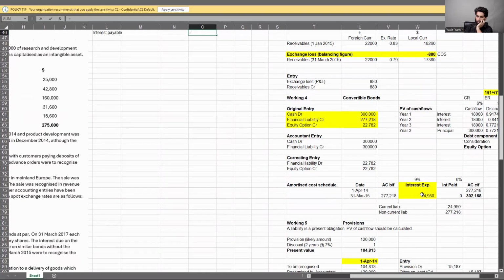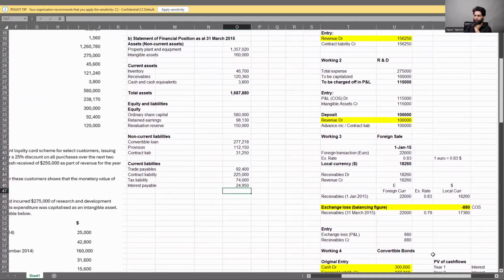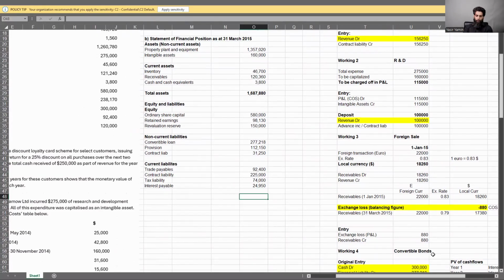Interest payable should be 24,950. I don't know if that is it. Anything else? Let us just balance. Let's see if everything has been done. Let's save time and brain. Okay, so there is a difference and we'll straightforward know what we have left.